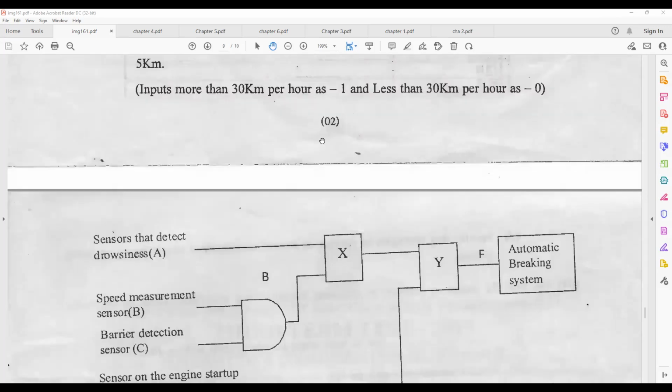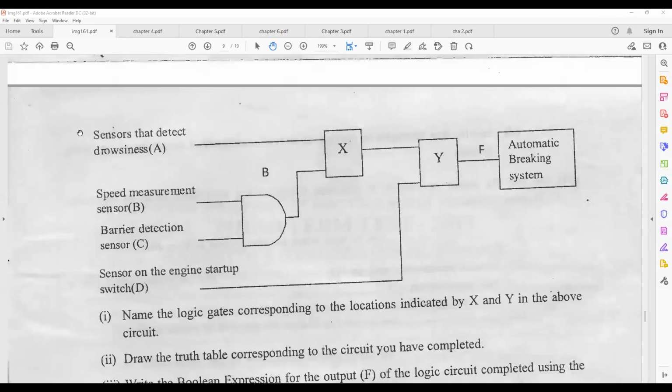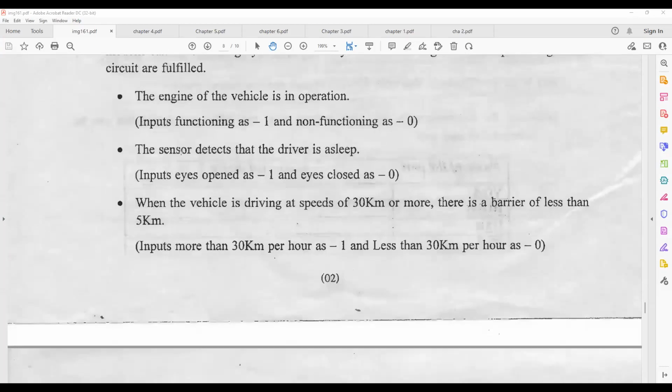Right. So the sensor that detects drowsiness. Yes, sensors that detect drowsiness.